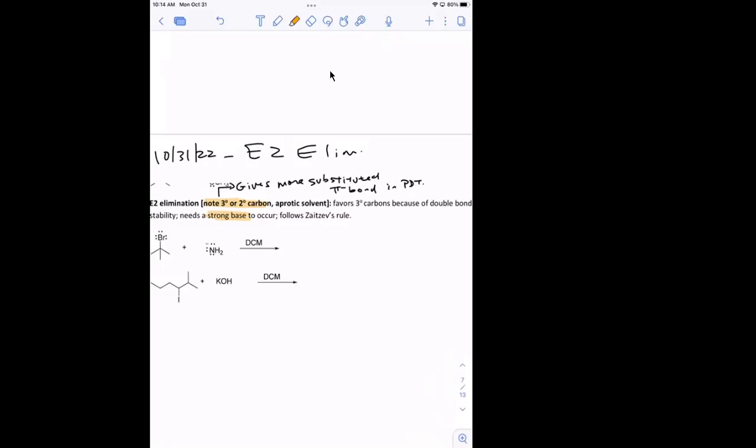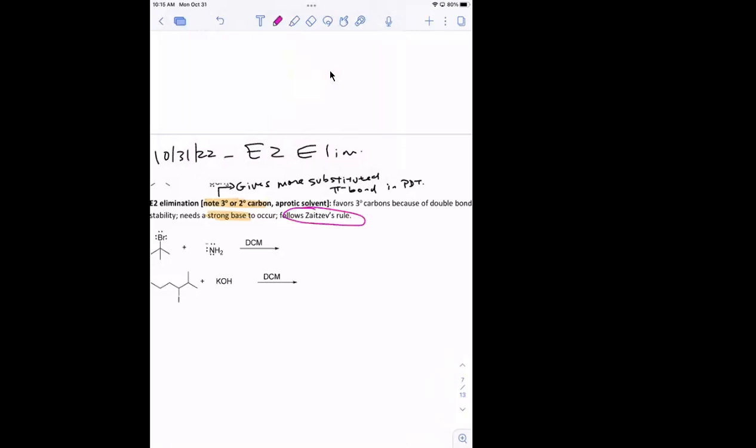But for the sake of clarity, we're going to work from that list of bases that I gave you in the video, and I'll be happy to print that and upload it as well. So yes, you need a strong base, and you want to do this in an aprotic solvent. And the last part, about Zaitsev's rule, we're going to talk about in the course of our discussion.